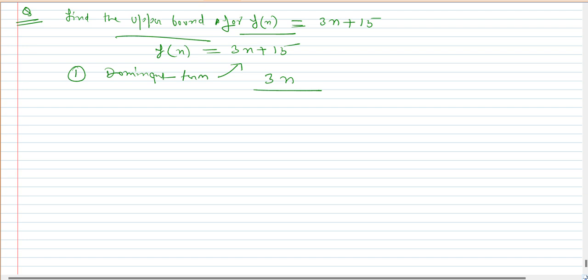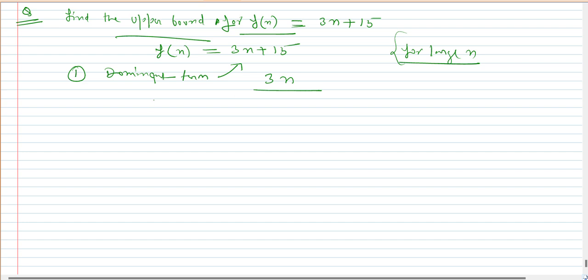This is very intuitive why 3n is the dominant term, because for large values of n, this 15 will remain constant. Suppose I take n is equal to 1000, so 15 will be insignificant in front of 1000, 10,000, 1 lakh, such type of values.